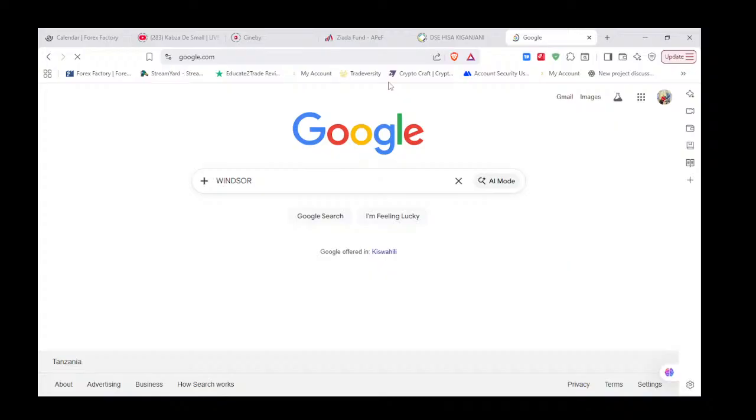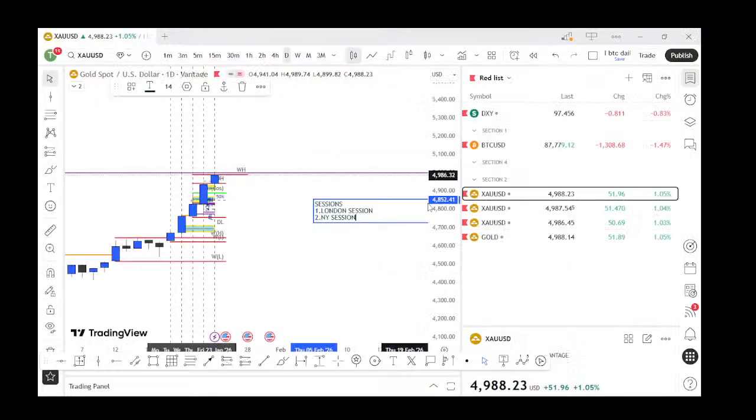Let me do it here. These are the sessions I'm trading. So I'm trading London session, and I'm also trading New York session. So on London session, exactly what time do I approach the market?